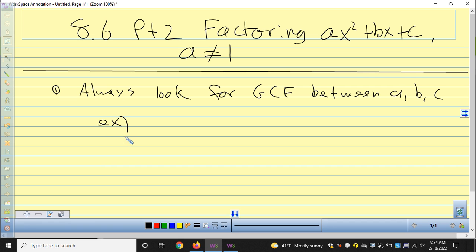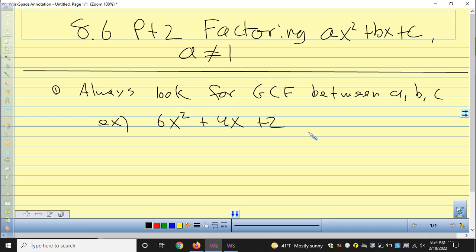So for example, if I had 6x squared plus 4x plus 2, my first step is always going to be to say, is there some number that goes into all three of 6, 4, and 2?